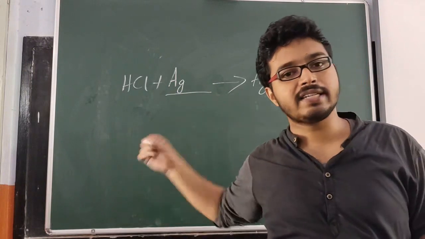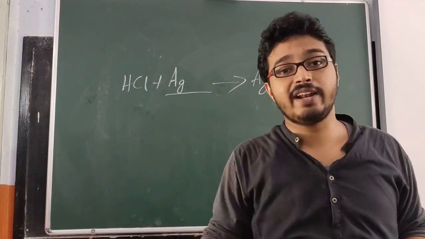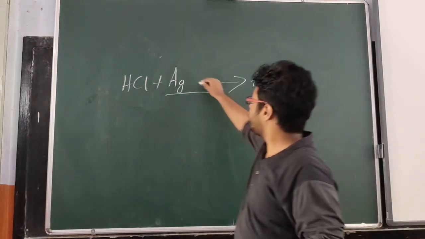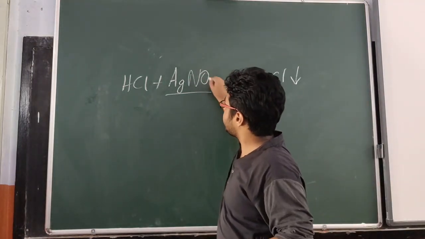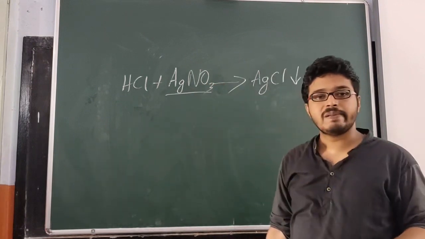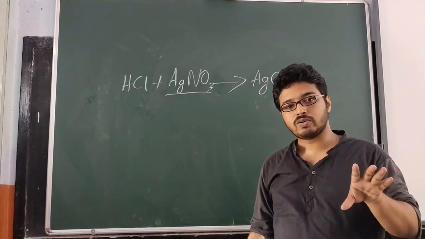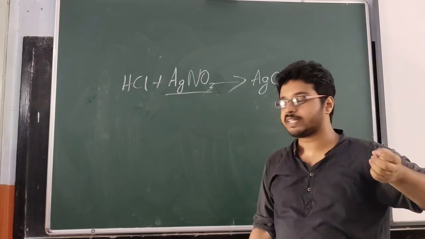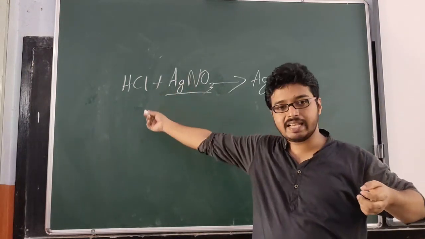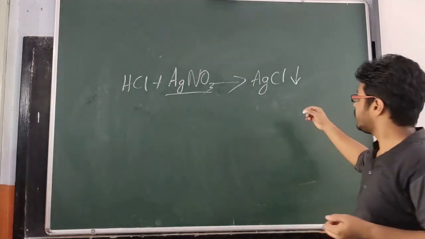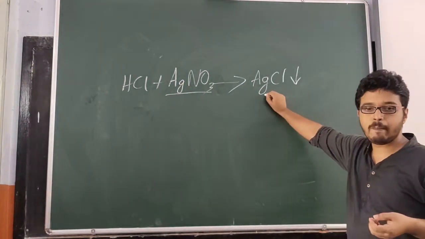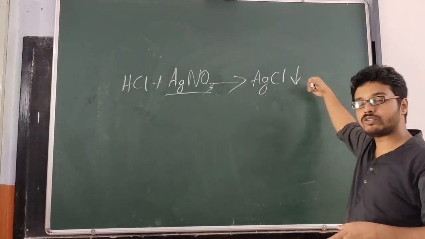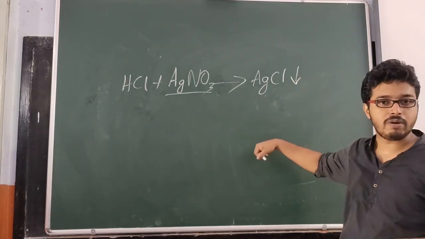All the nitrates are soluble in water. So AgNO3, that is silver nitrate, is highly soluble in water, so we can use AgNO3 here. If we take an AgNO3 solution, a solution of silver that is soluble in water, and add HCl into that, one of the products will be AgCl, which is insoluble in water and will settle down.